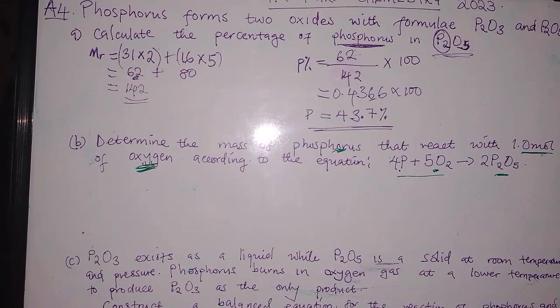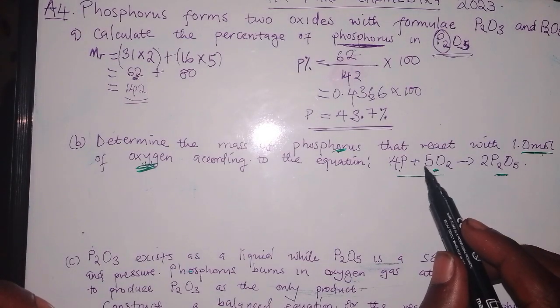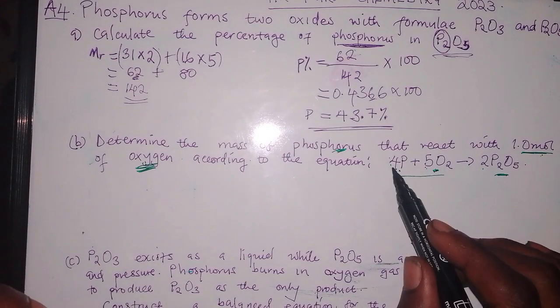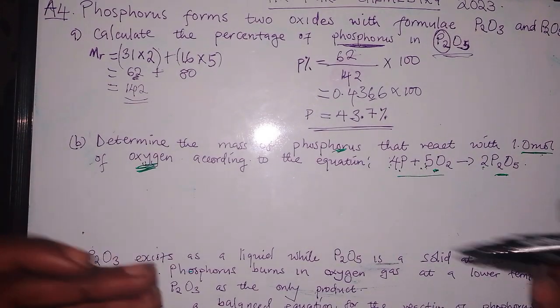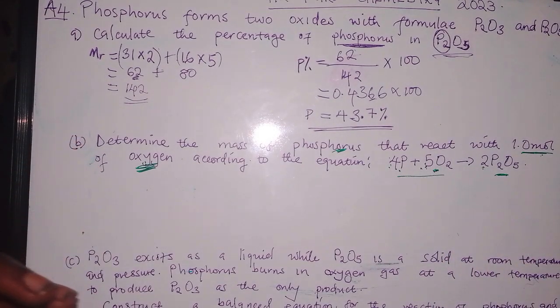So how do you compare? The numbers which we use to balance the equation are known as the moles of the equation. These numbers represent the number of moles in that reaction.